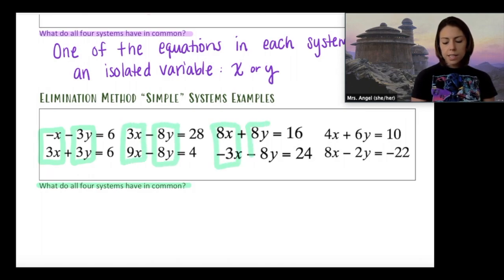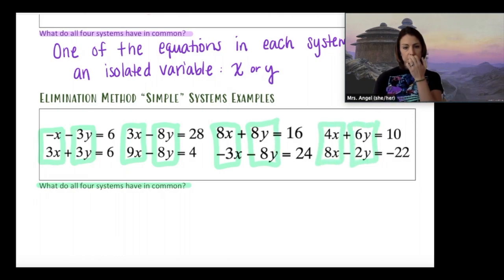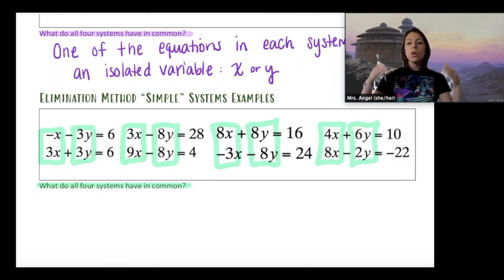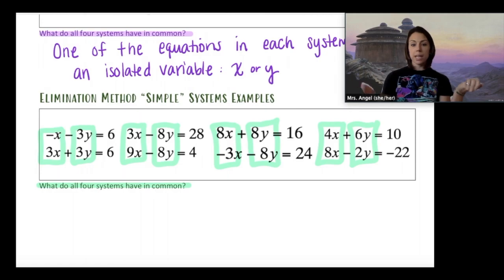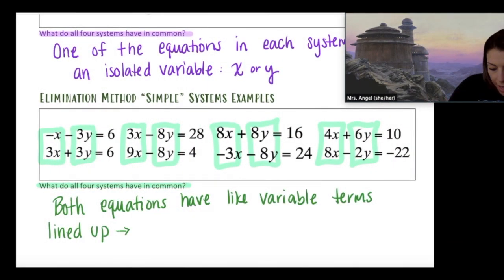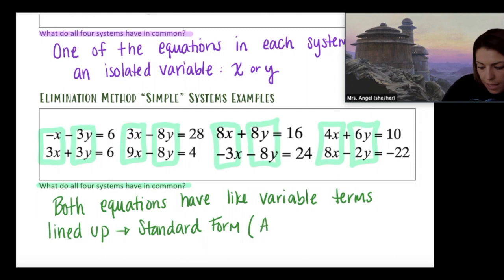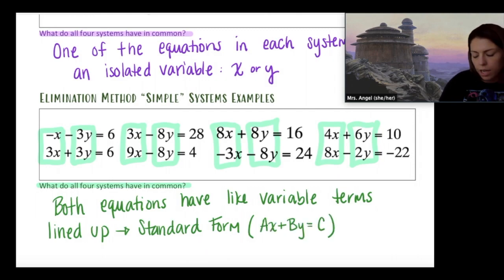We call these equations in standard form. So both of the equations are in standard form with the like terms already lined up. And if you ever wanted to know, standard form looks like this, where you have an x term plus a y term and a constant.